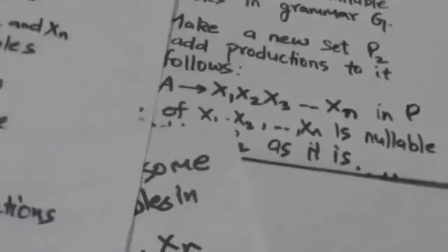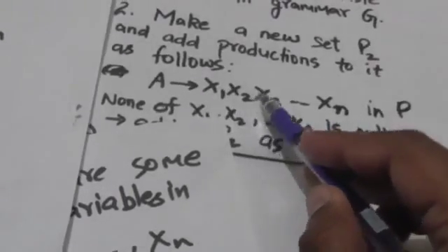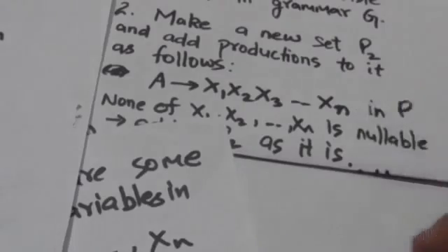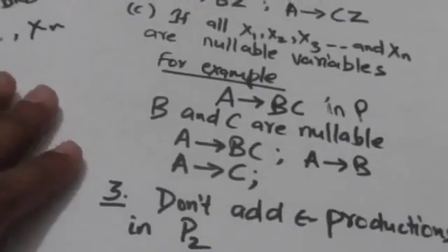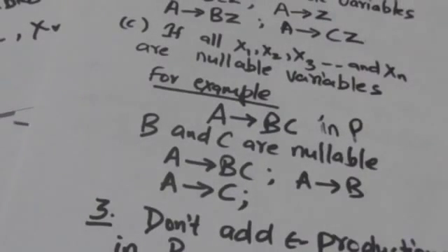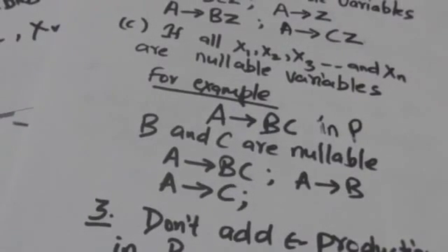We will add this production A derives x1, x2, x3 up to xn to set P2, along with every production which is obtained by removing one or more but not all nullable variables from the right hand side of the production in all possible combinations.